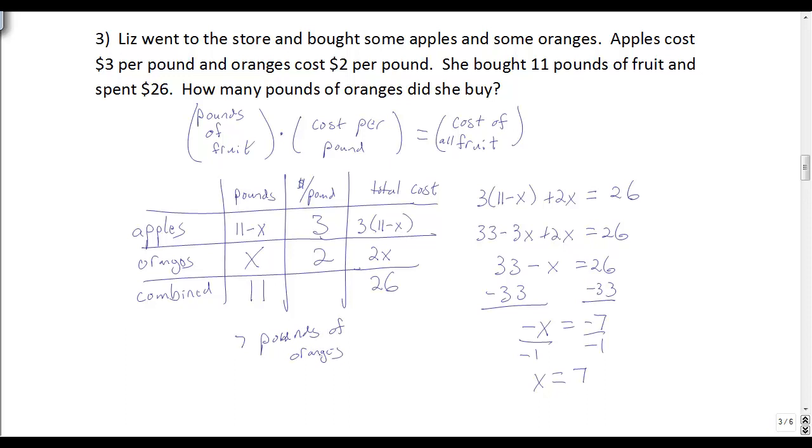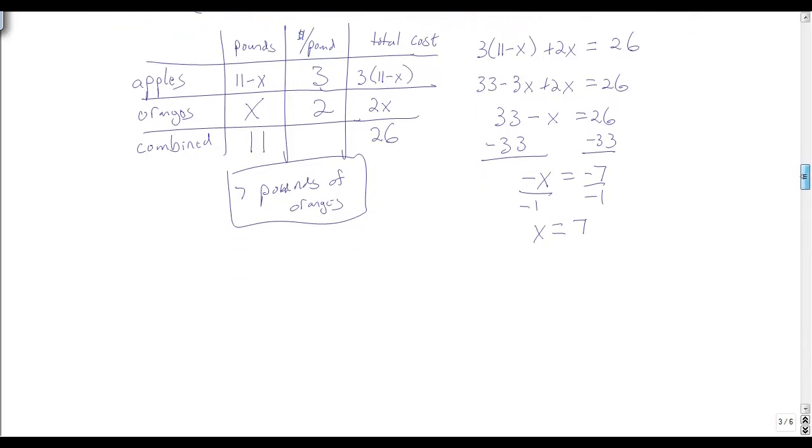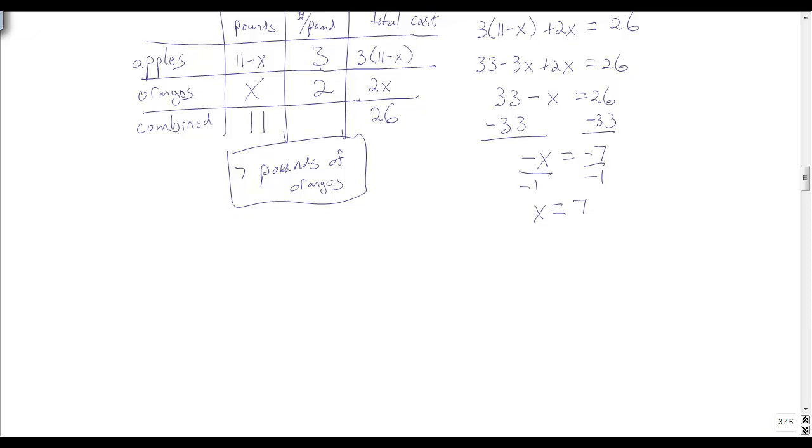Okay, one thing I want to focus on is what if instead of making x be the number of pounds, what if we made x the total cost of the oranges? So let's just see what that would look like here, for the sake of why I don't like doing that.